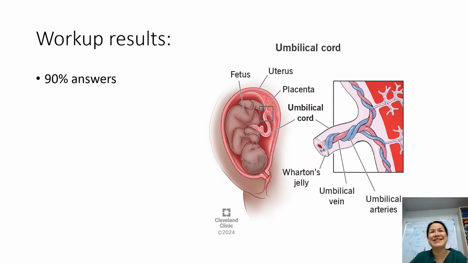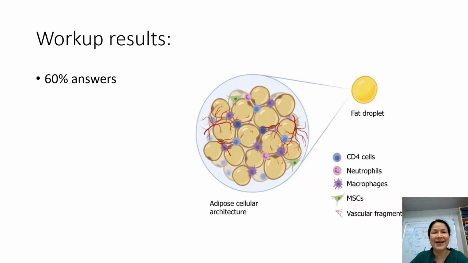That's the correct answer, and I'm very glad you found that. The second highest, at 60% of the answers I got, was adipose tissue. In other words, our fatty tissue.